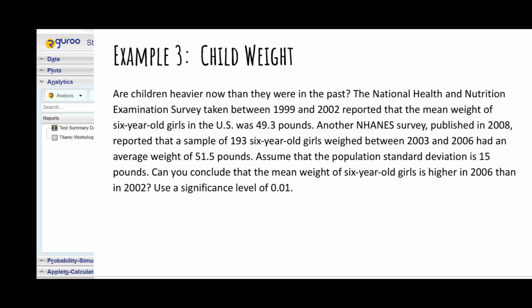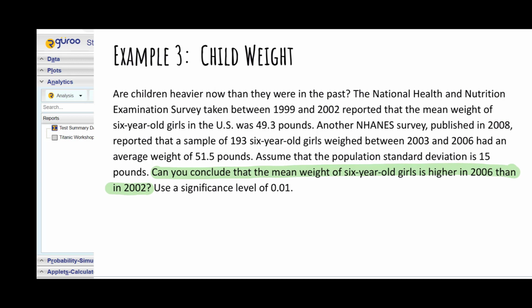Another NHANES survey published in 2008 reported that a sample of 193 6-year-old girls weighed between 2003 and 2006 had an average weight of 51.5 pounds. Assume that the population standard deviation is 15 pounds. Can you conclude that the mean weight of 6-year-old girls is higher in 2006 than in 2002? So here's our claim.